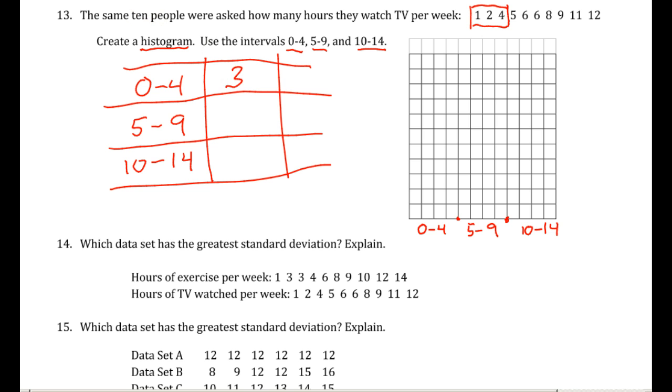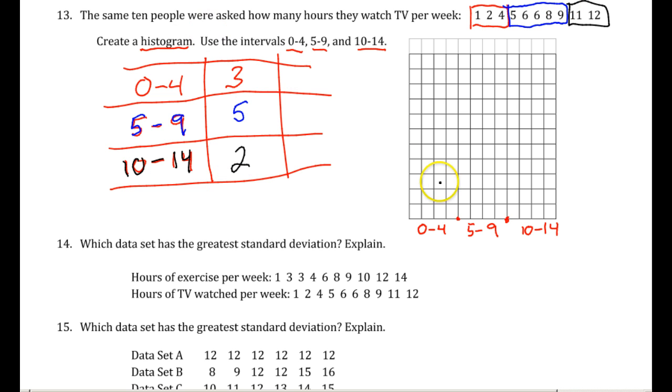How many are from 5 to 9? So there are 5 of them. Okay. And how many are from 10 to 14? 2. Those 2.